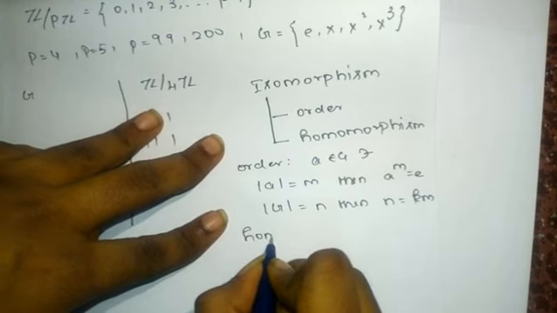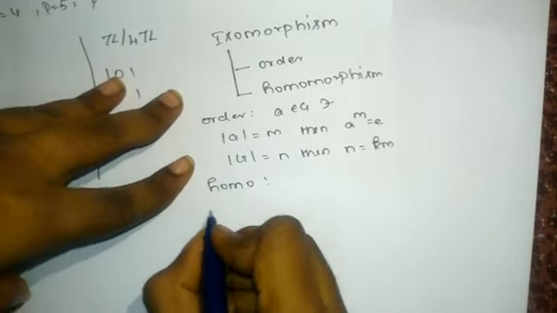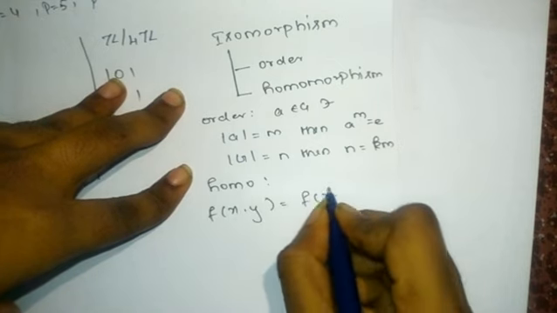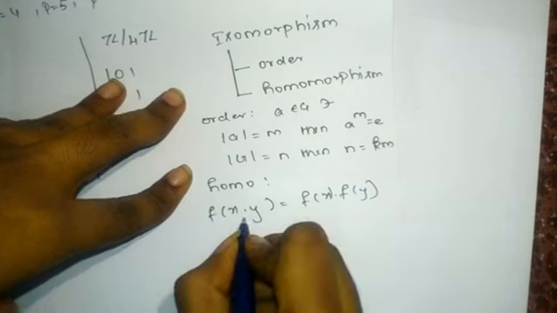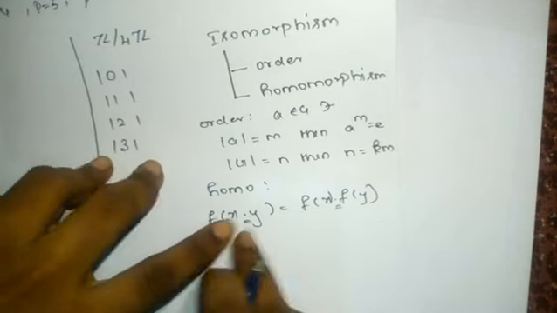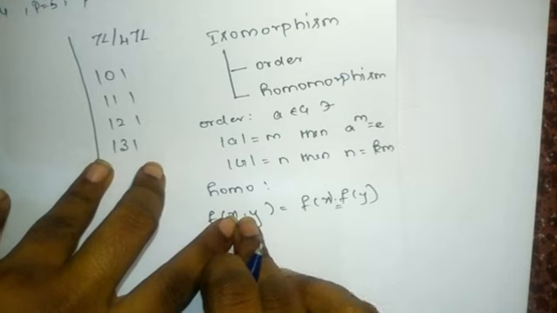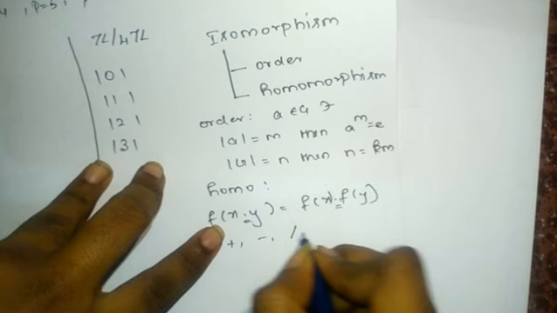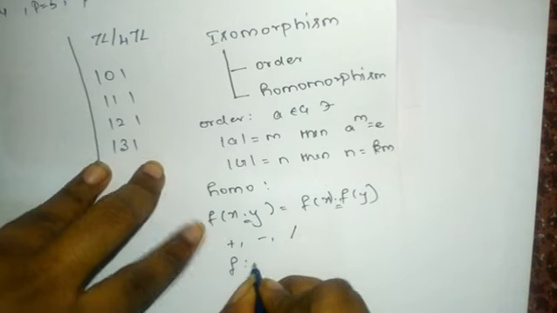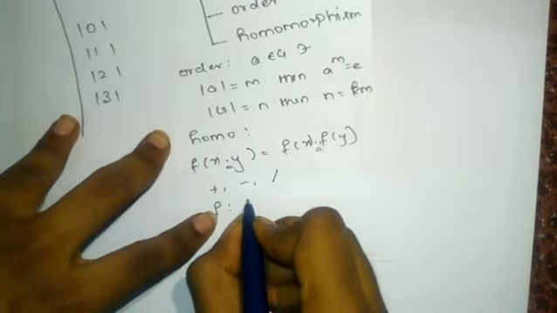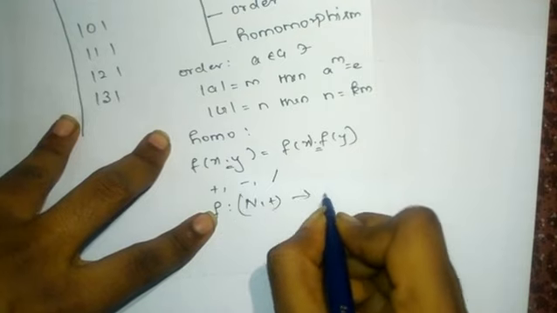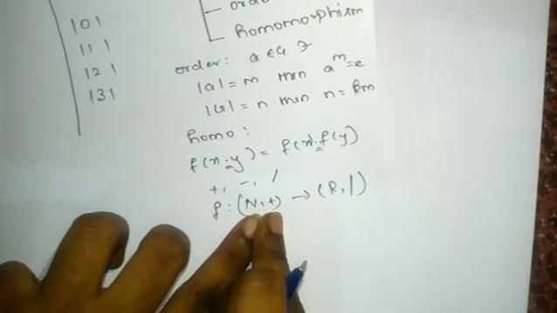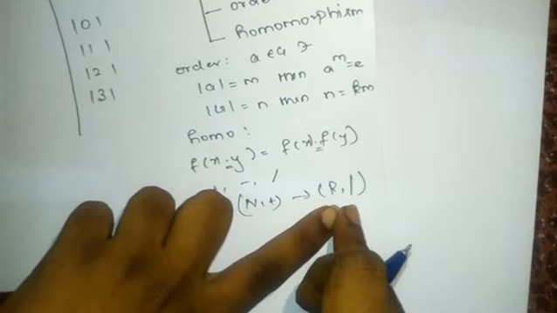And homomorphism, I'll write this as homo. We usually write this as f of x dot y is equal to f of x dot f of y. And just keep as a reminder, this is not the multiplication operation, this is just an operation. Like plus is an operation, minus is an operation, division is an operation. Like if I take a function from N comma plus to R comma divide, that is, I am using the pre-image operation as addition and the image operation as division.